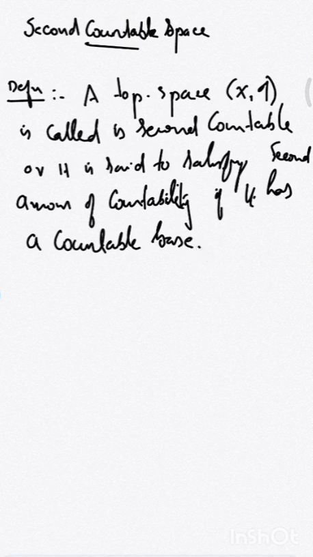That is, when a topological space has a countable base, we say that the space is second countable. Okay, we will see some examples.